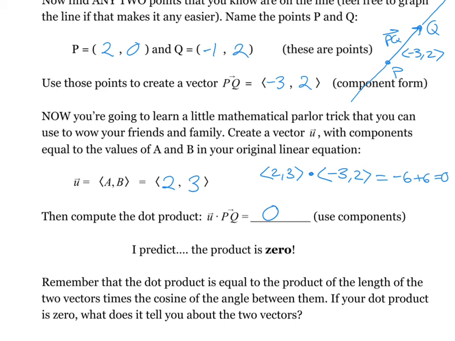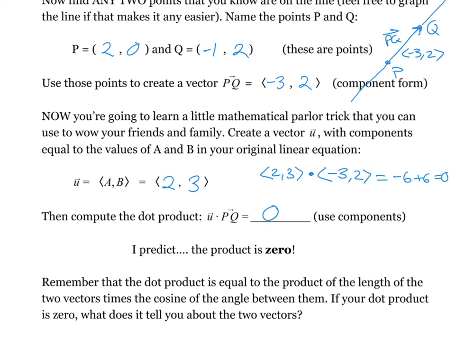It just turns out that when you do this, if you take the coefficients in the linear equation and form a vector from them, and you take a vector that is known to be parallel to the line and take the dot product, you're going to get 0, which means that this vector u is perpendicular to this vector PQ, which is parallel to the line. In other words, the vector formed from the coefficients a and b is perpendicular to the line itself.